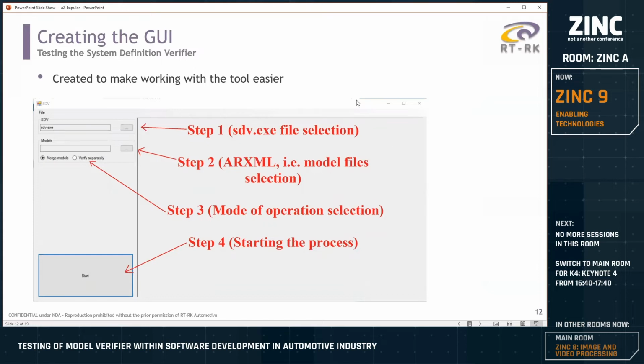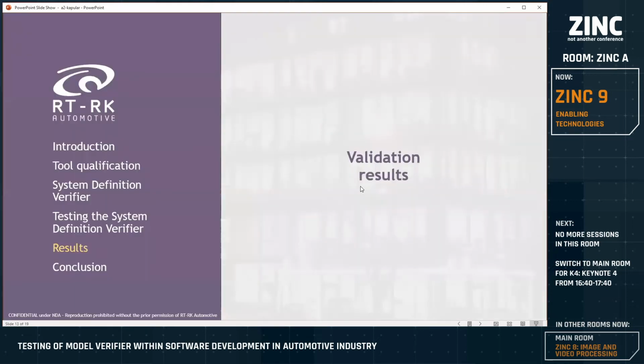It was a very simple interface, as you can see, with some added functionality over the tool itself. We added a function that allowed us to verify multiple models sequentially instead of having to select them one by one.